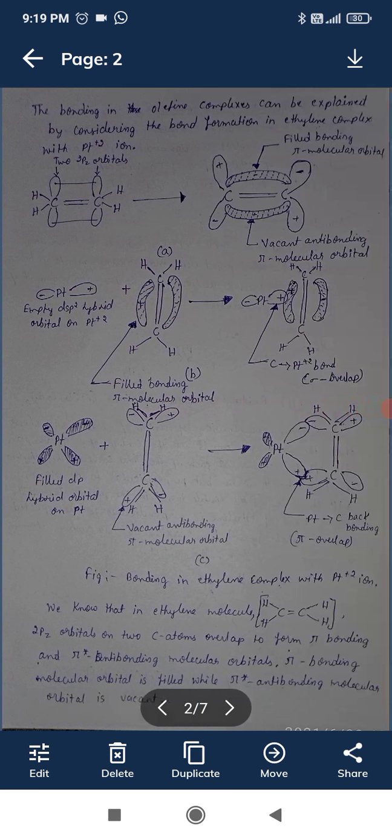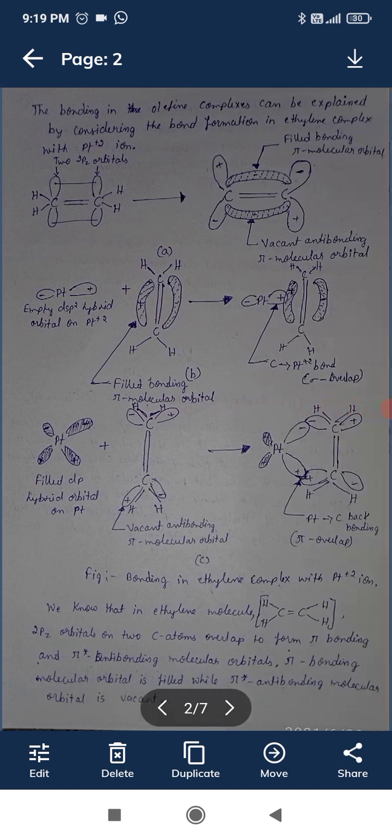Now the bonding in olefin complexes can be explained by considering bond formation in the ethylene complex with platinum. This is also an example of the Zeise's salt anion. Here three stages are given: stage A, stage B, stage C, showing how bonding in the ethylene complex with the platinum ion happens.